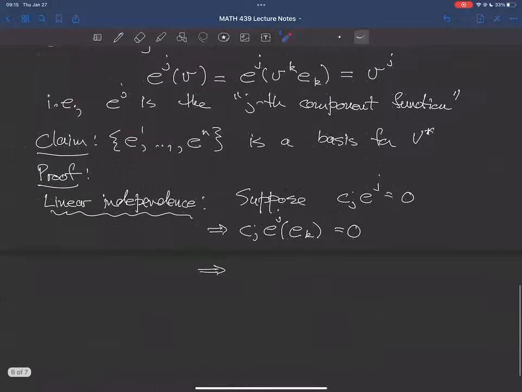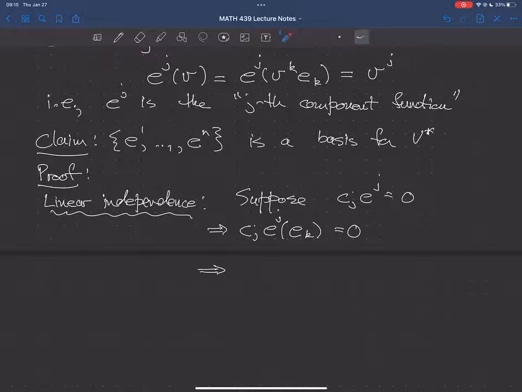So what is Ej of Ek? Well, by definition of Ej, Ej is the jth component of the basis vector Ek. What's the jth component of the kth basis vector? 0. Unless? Is it always equal to 0?